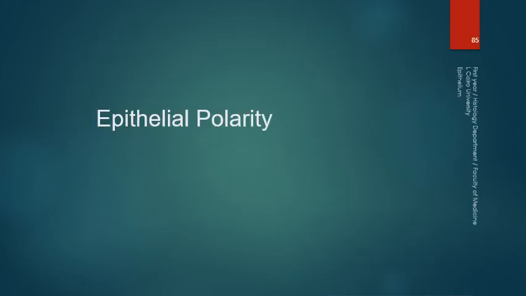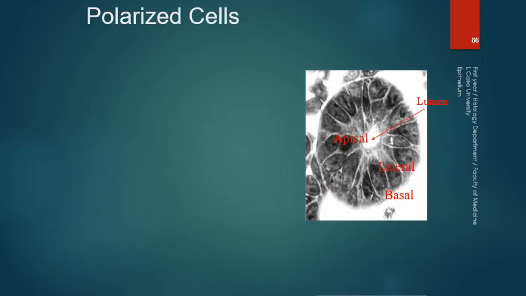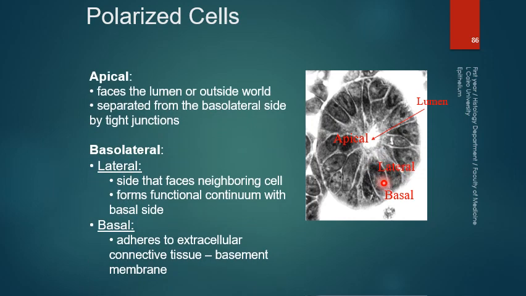Now we are going to take what is called epithelial polarity. What do I mean by epithelial polarity? These are cells that are neighboring each other or in contact with each other. Here is the lumen. There is the apical modification, and this is the base, known as basal, and between adjacent cells the lateral modification.